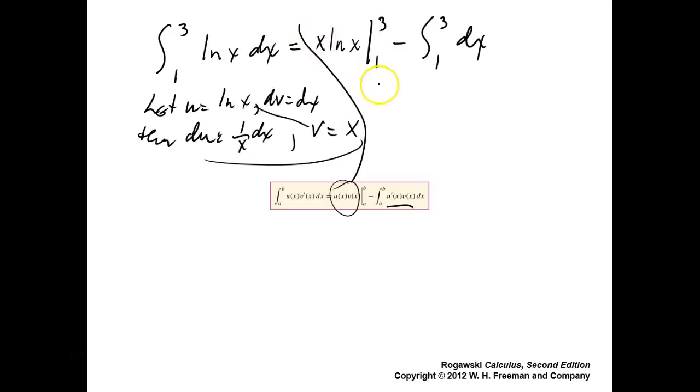Plug 3's in and you get 3 log 3 minus 1 log 1, right? What's log of 1? 0. Okay, forget that. That's a 0.